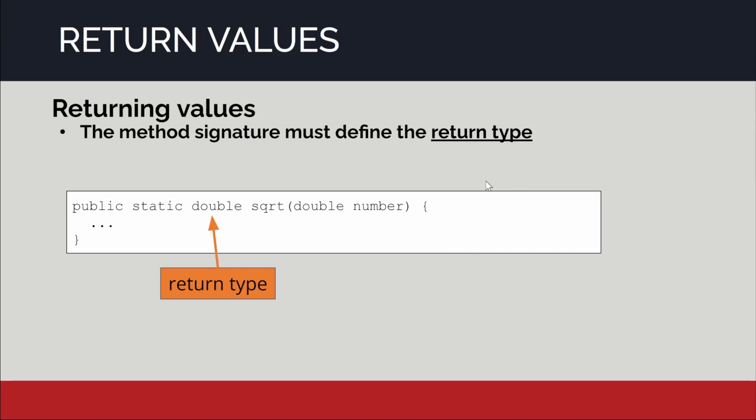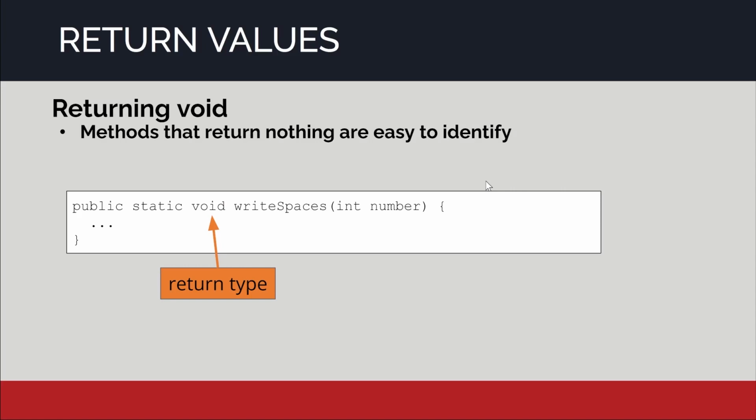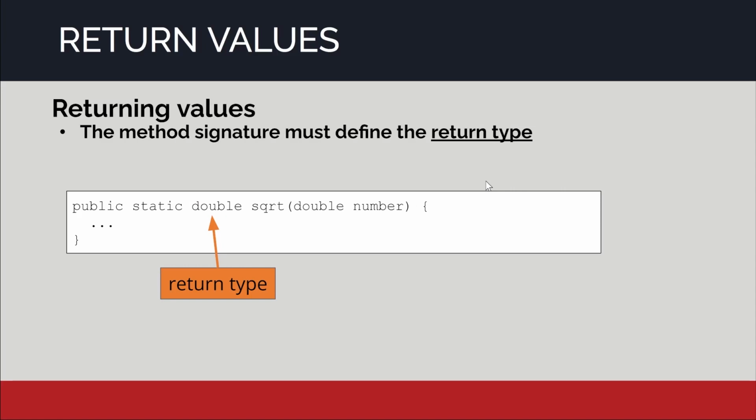In the previous example, we had just our signature for write spaces. In this example, we have a method called sqrt, which is just short for square root. And if you're trying to take the square root of a number, then the return type should also be a number, and it might be a decimal number. And we know that for decimal numbers, we use the type double.